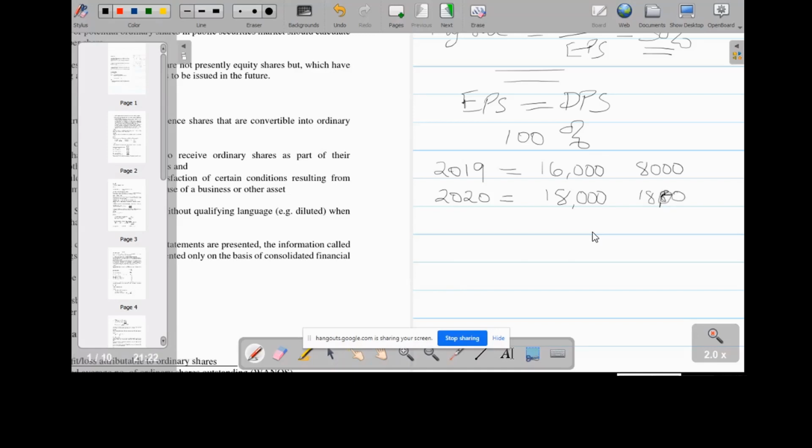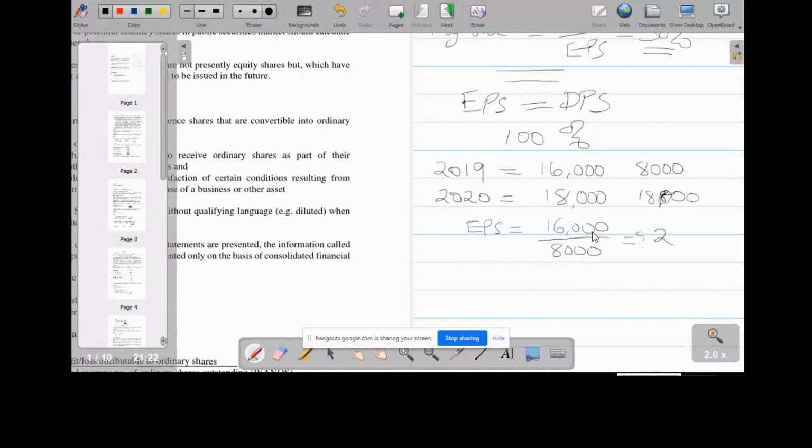Now you are told to compute the EPS. You'll find that the EPS for the year 2019 will be the attributable profit of 16,000 divided by the 8,000 outstanding ordinary shares, which gives you an EPS of 2 shillings.